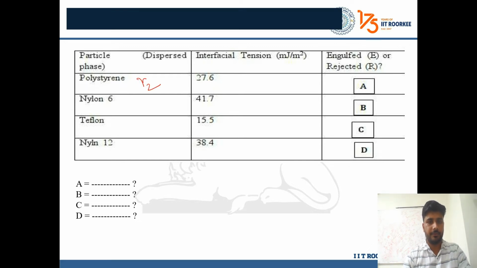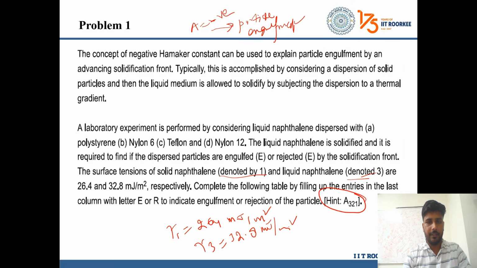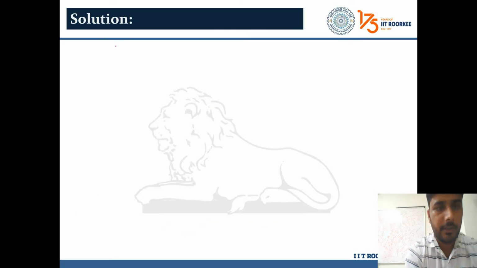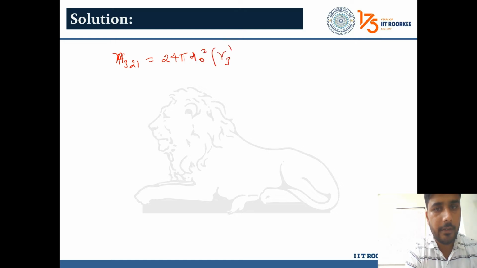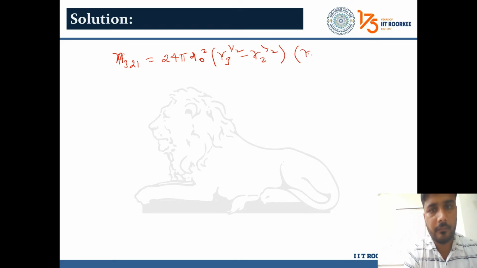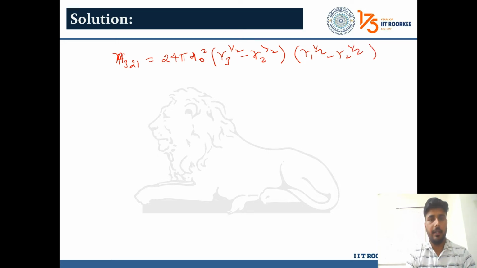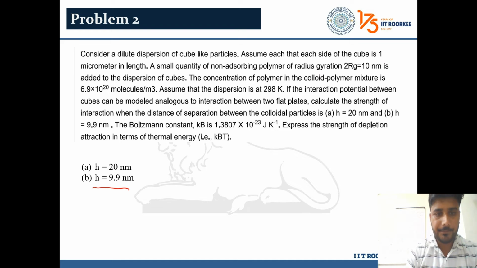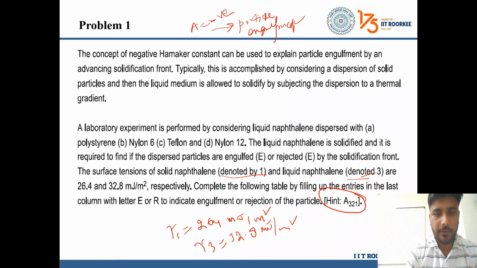So if I expand this term, gamma 3 2 1, you will get something like this from the theory.